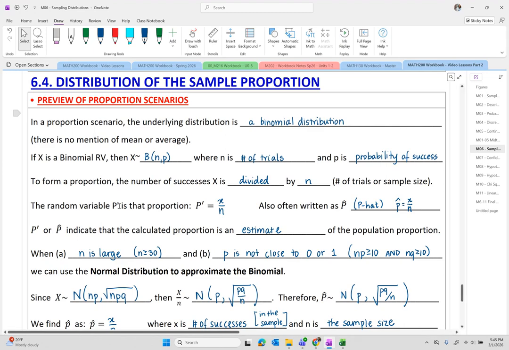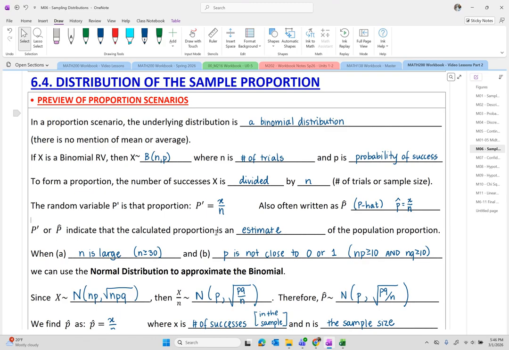Our book uses the notation P prime, and that will be the quotient X divided by n, X being the number of successes and n being the sample size, the number of times you will repeat the question. And also another notation, most popular, is P hat, so P with a little caret at the top. And P hat again will be X divided by n. The P prime or the P hat indicate the calculated proportion as an estimate of the population proportion.